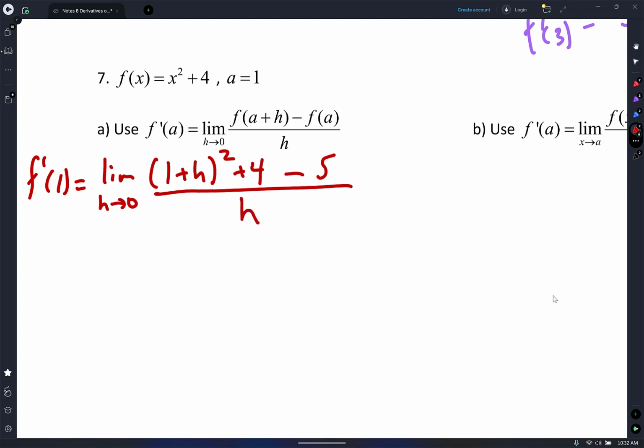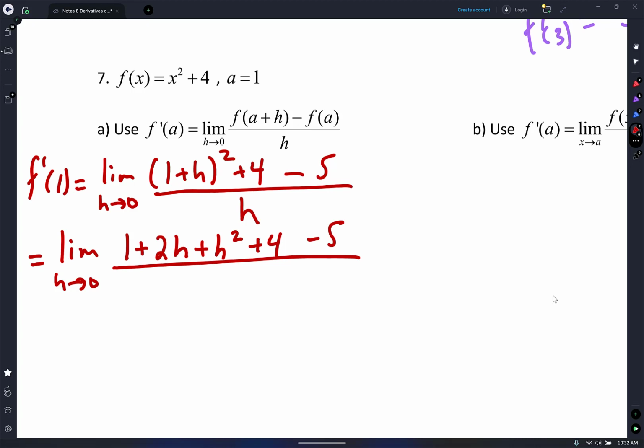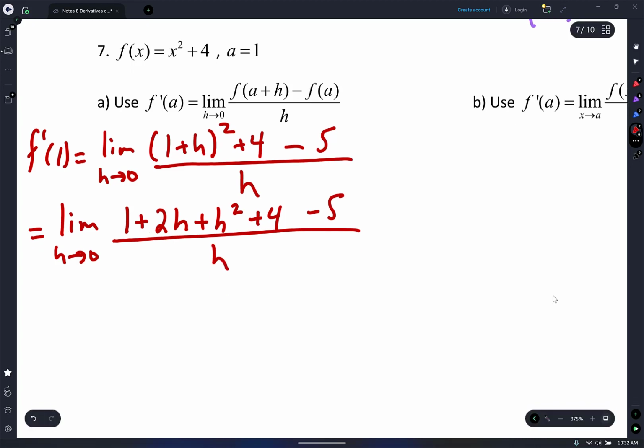All right, let's expand it on the next line. So equals limit as h approaches 0. 1 times 1? 1. Plus 1 times h? 1h, but how many do I have? So 2h plus h squared, and then plus 4, and then minus 5. All this is over h, and then because I'm trying to show all the work here, one more line.